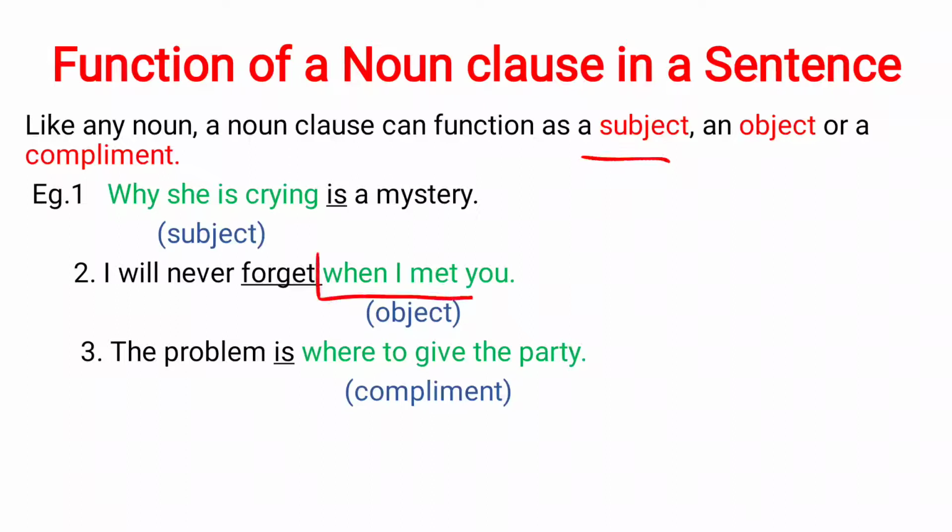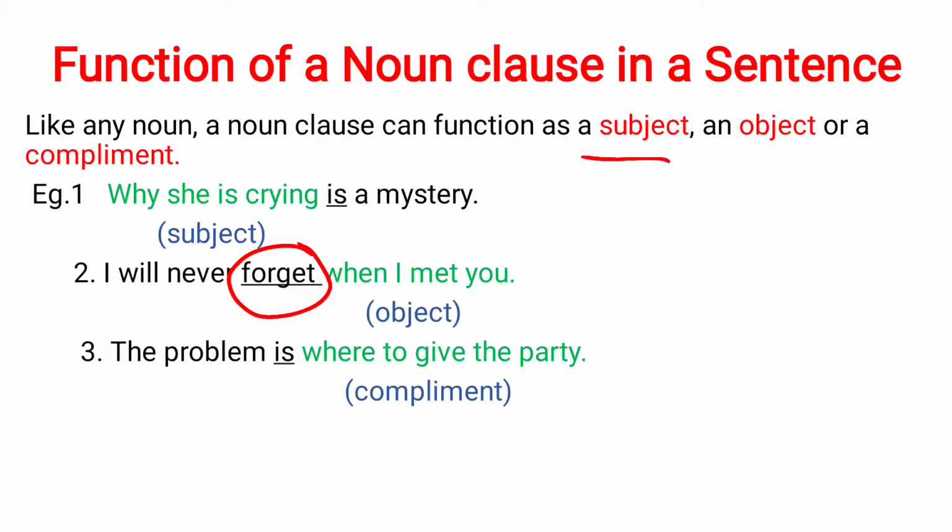Here, this particular group of words, which is a noun clause, is acting like an object because before it we are using an action word, the main verb, forget. And as we have discussed in the previous video, we always use an action word or a main verb before an object.